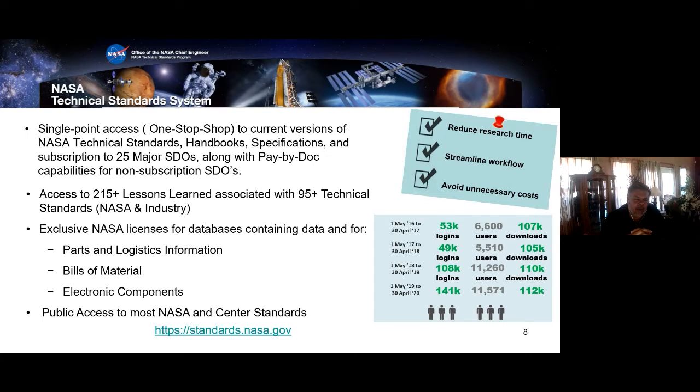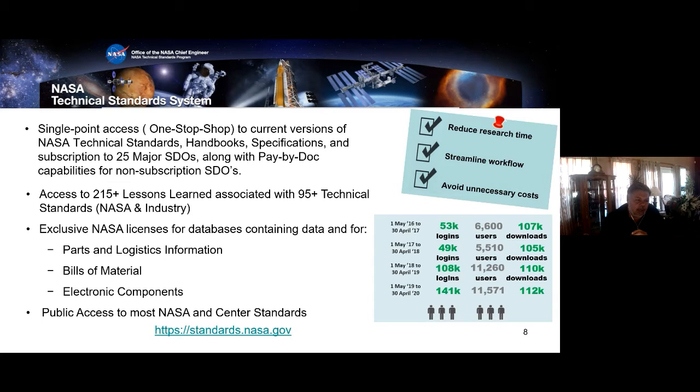We have a lessons learned database. So anytime there's a lesson learned developed, we try to find a standard that it may be applicable to. So when the user goes in to get a standard, they can also get a copy of the lessons learned that may be applicable for the work they're doing.